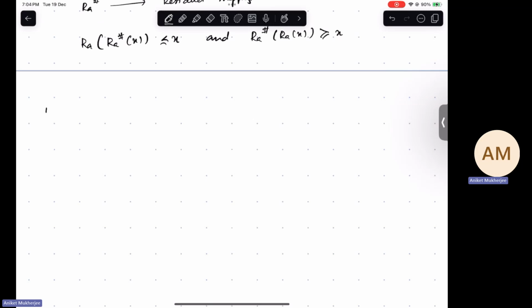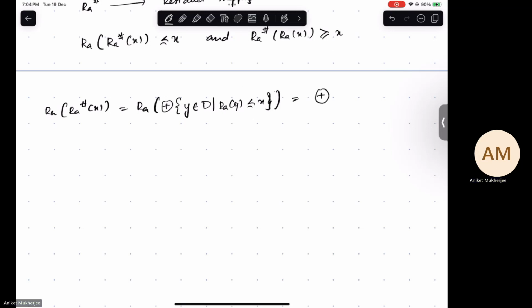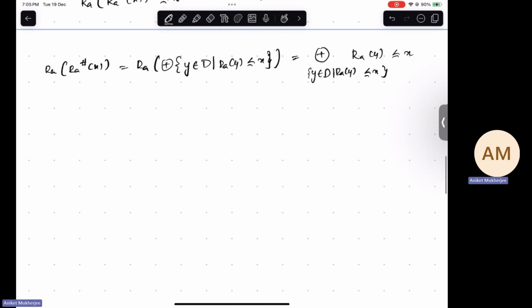To show this, we can see that R_A of R_A hash x is equal to R_A of the sum of the set of y belonging to D such that R_A y is less than or equal to x. This is the sum over the set of y belonging to D such that R_A y is less than or equal to x, of R_A y. Since all the R_A y are less than or equal to x, the sum is less than or equal to x.